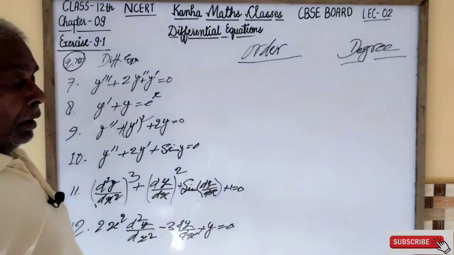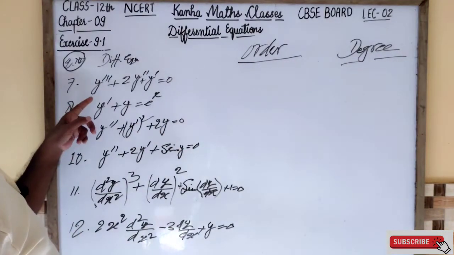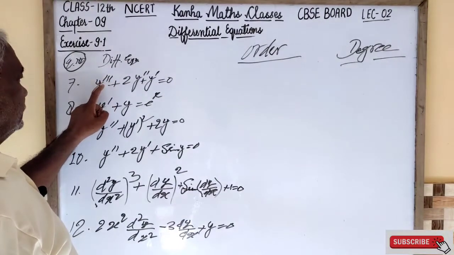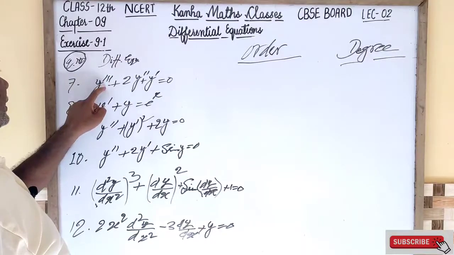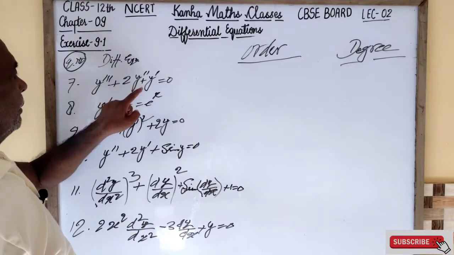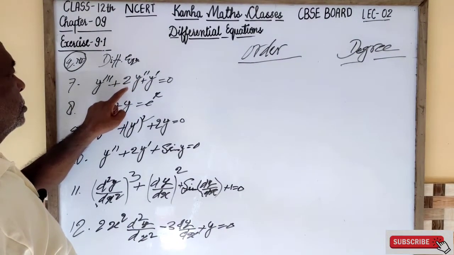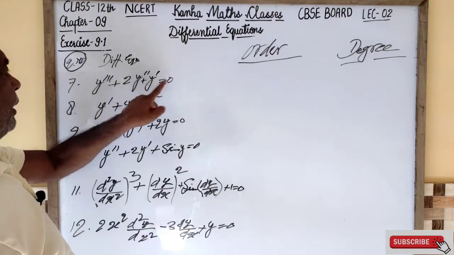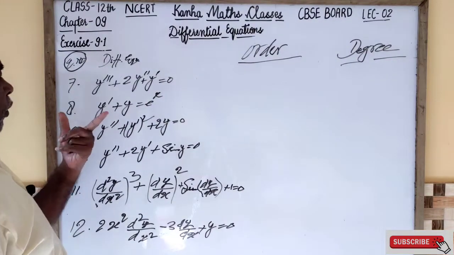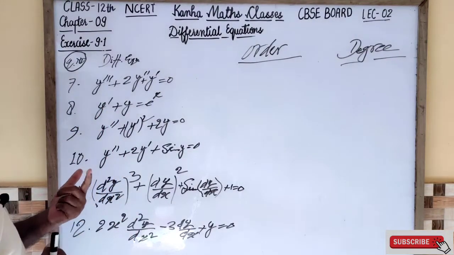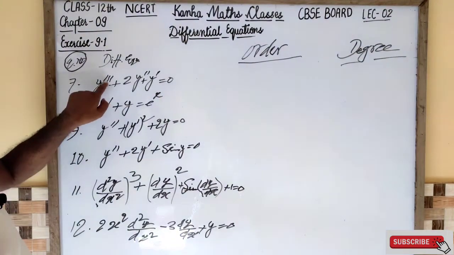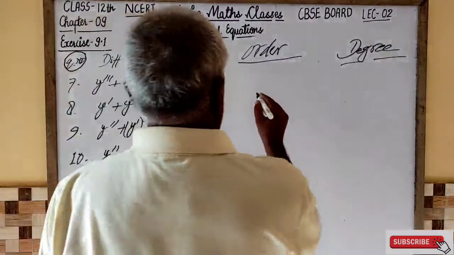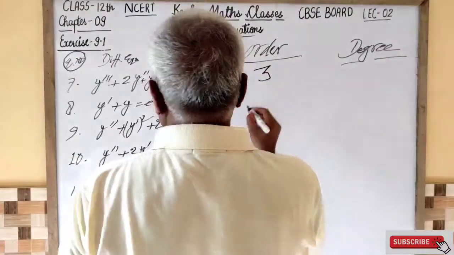Now if you observe the equation under question number 7, that is y third, y third means d cube y upon dx cube, plus 2 y double dash means 2 d square y by dx square, plus y single dash means dy by dx, is equal to 0. Here we observe by inspection that the highest order of the derivative is 3. Hence the order of the differential equation will obviously be 3.